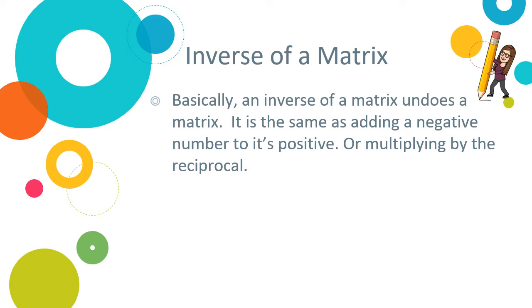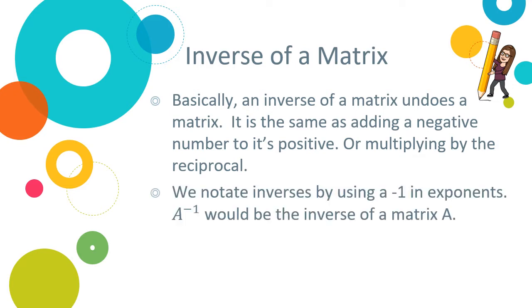So an inverse of a matrix undoes a matrix, kind of like adding a negative number to its positive, or by multiplying by a reciprocal. Now we need a special notation for inverses of matrices. We've been using capital letters to identify our matrices, and so we use this little exponent of negative 1 to show that it's the inverse matrix.